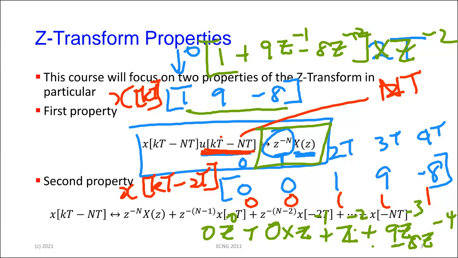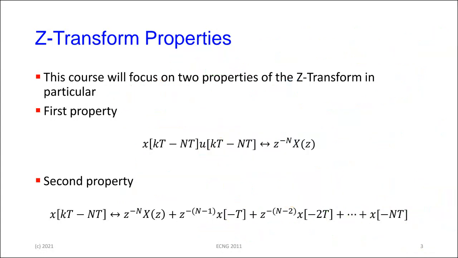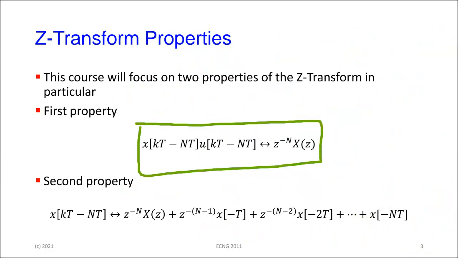All right, so let me clear all this mess here. So in other words, we had our original, which gave us an X(z).